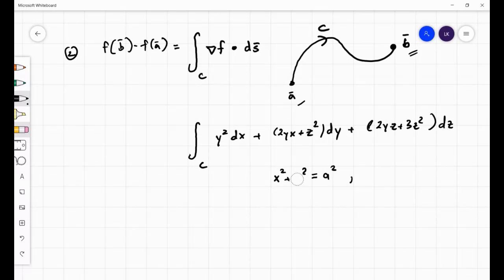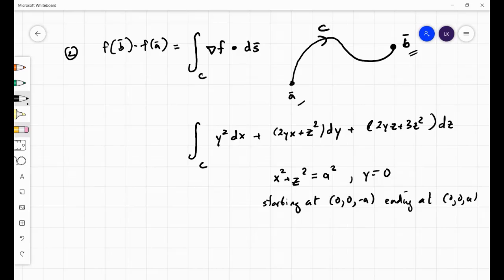Let's make it z with y equals 0, and starting at (0, 0, minus a) and ending at (0, 0, a).